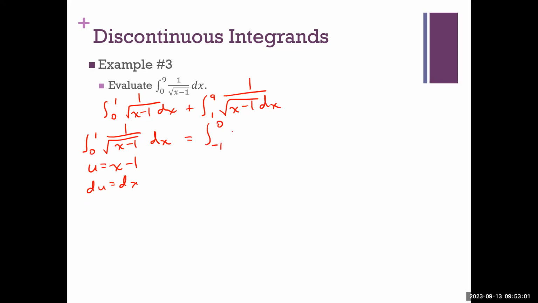Negative 1 to 0 of u to the negative 1/2 du. What's the integral of u to the negative 1/2? Should be 2u to the 1/2. Is that going to work? No. Why not?